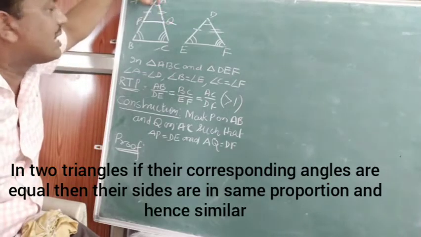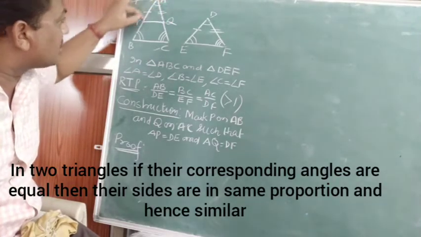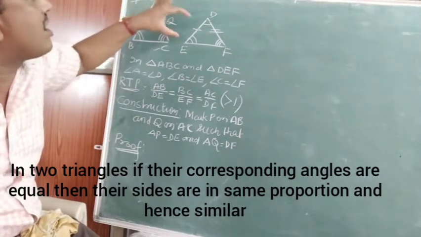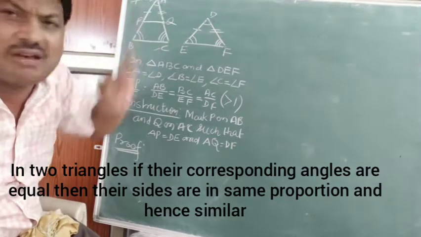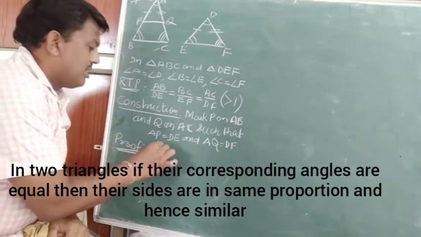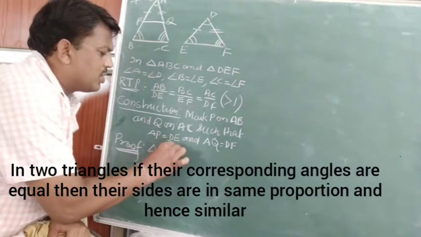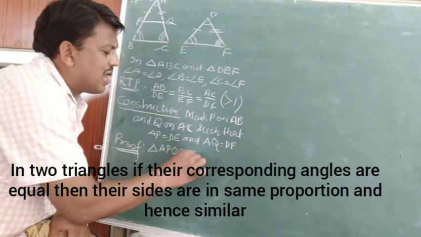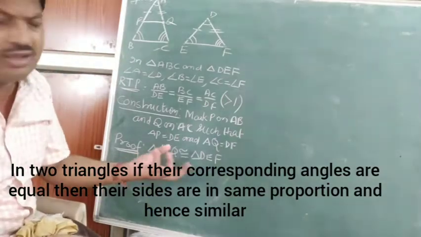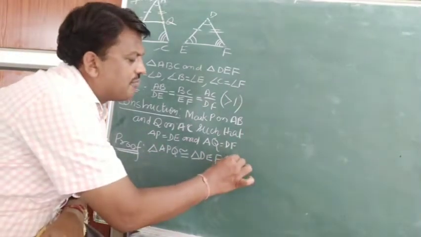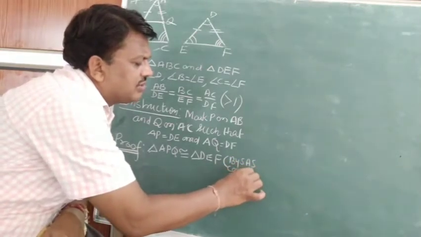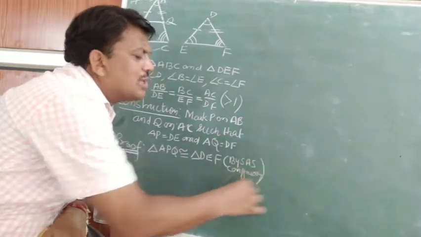That is called the included angle. This angle is called the included angle of these two sides. So side, angle, side of this triangle is equal to side, angle, side of this triangle. So with that what we can write? We can write that triangle APQ is congruent to triangle DEF, because other than this nothing is given. So you can write here by SAS congruency rule, children.